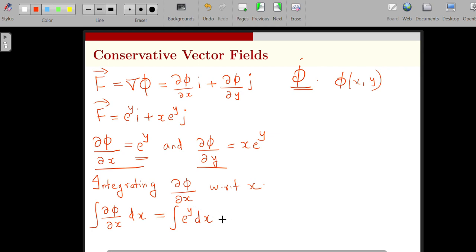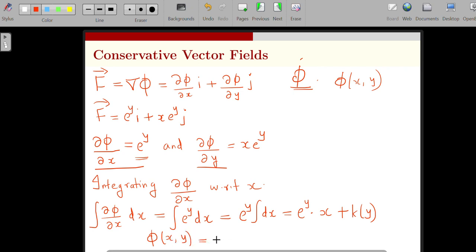In order to integrate e^y with respect to x, the functions of y will be treated as constants with respect to x. So you can take e^y outside, e^y into integral dx. This is equal to e^y into x plus a constant of integration, but since the function of y is treated as a constant with respect to x, the constant of integration will be a function of y. So the integral of ∂phi/∂x with respect to x is actually phi of x, y.